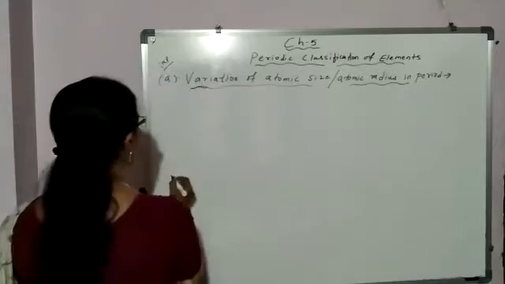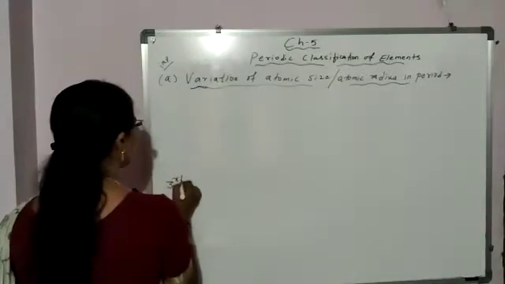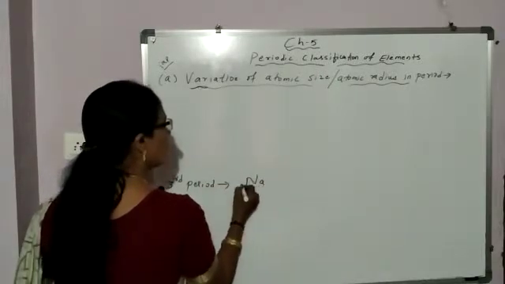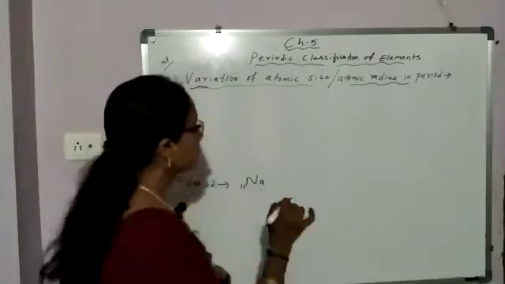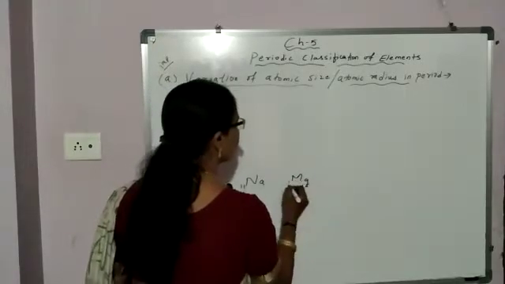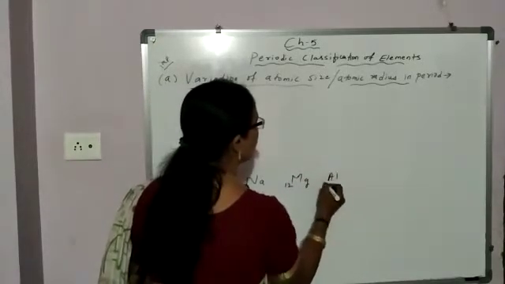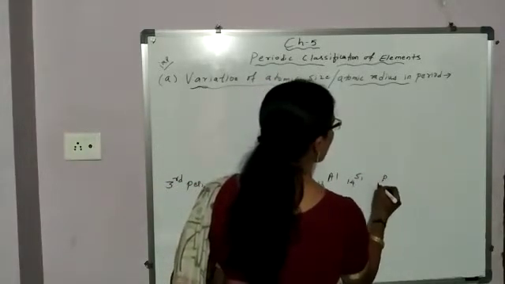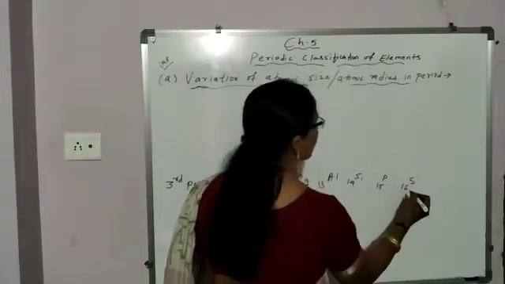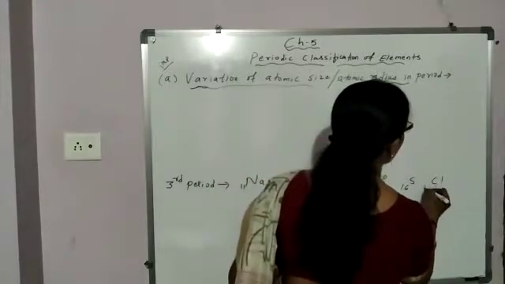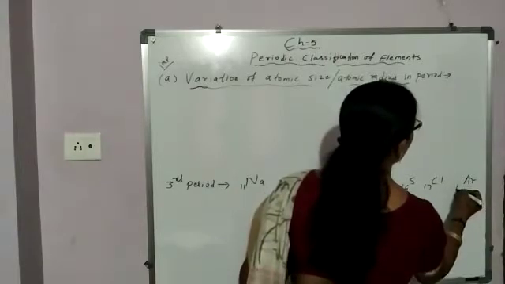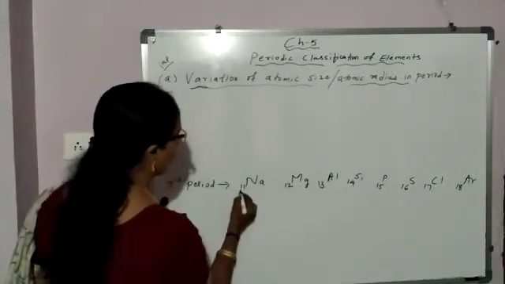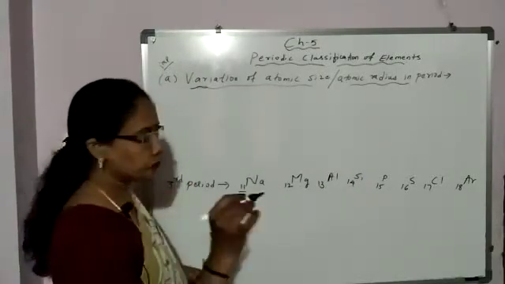Third period elements start from sodium, and what is the atomic number of sodium? 11, then magnesium 12, aluminium 13, silicon 14, phosphorus 15, sulfur 16, chlorine 17 and argon 18. Argon is the noble gas. Now, do the electronic configuration, atomic number 11.